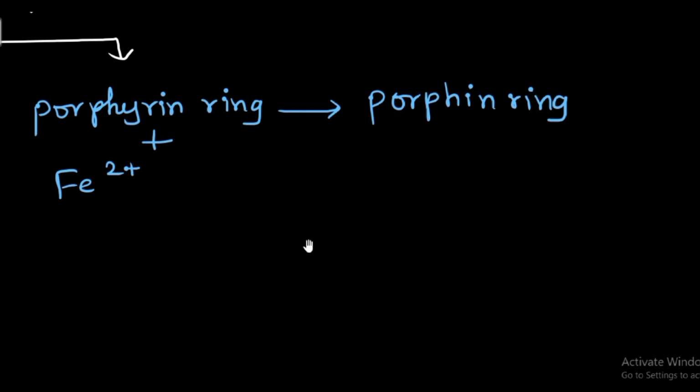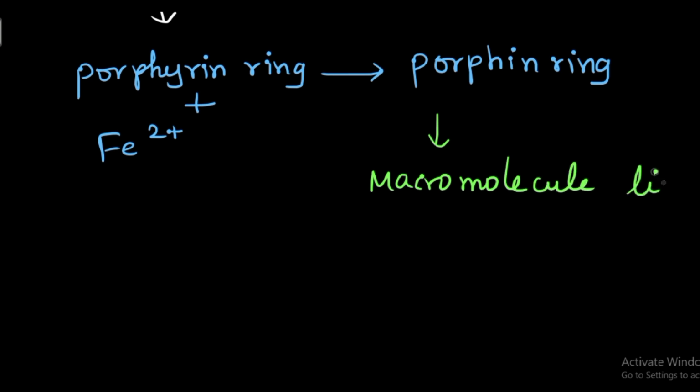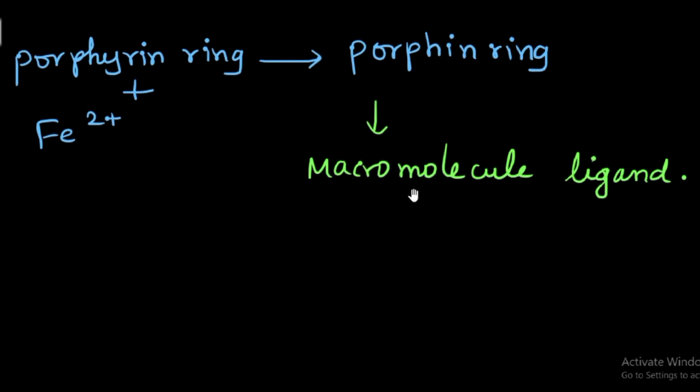It is actually a macromolecule ring, or macromolecular ligand. Why is it known as a ligand? Because this porphyrin macromolecule ring is going to coordinate with Fe2 plus. Yes, this Fe2 plus is going to be coordinated with the porphyrin ring.